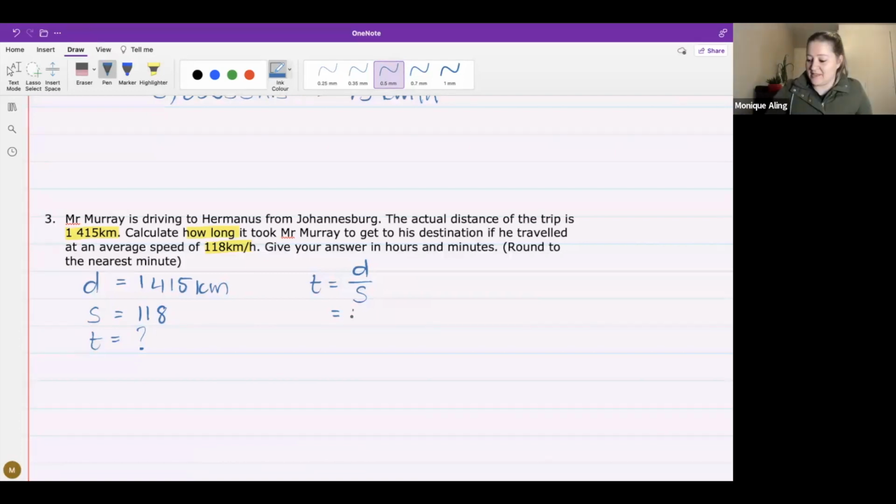So our distance was 1,415 over 118, which gave us 11.9915 hours. I'm keeping my decimals. Any takers? How do we convert this to hours and minutes?